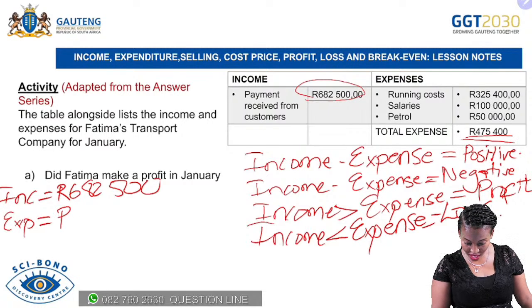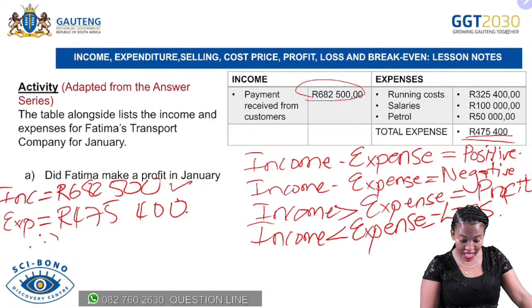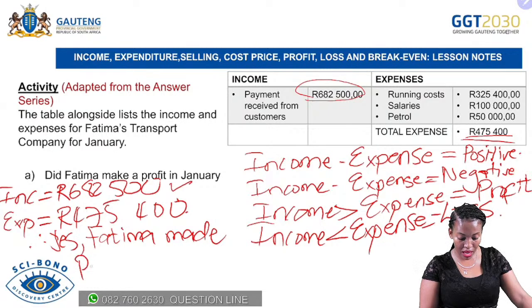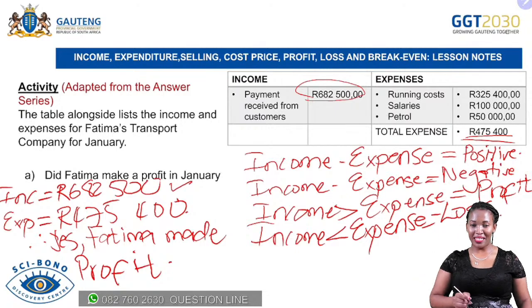It is 475,400. So looking at this, the income is more than the expenditure. Therefore, yes, she did, what's her name again? Fatima made profit.